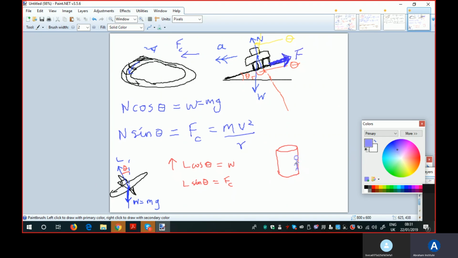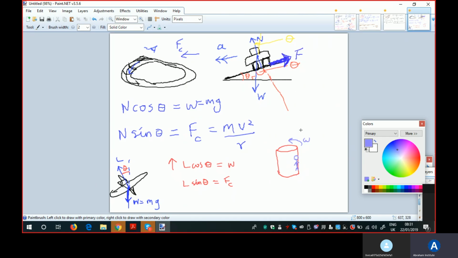The child is not attached to the wall, but because this is rotating at a very high speed, with angular speed omega, the child just stands there, not fixed to the wall. Because this is moving at a very high speed, it is rotating.